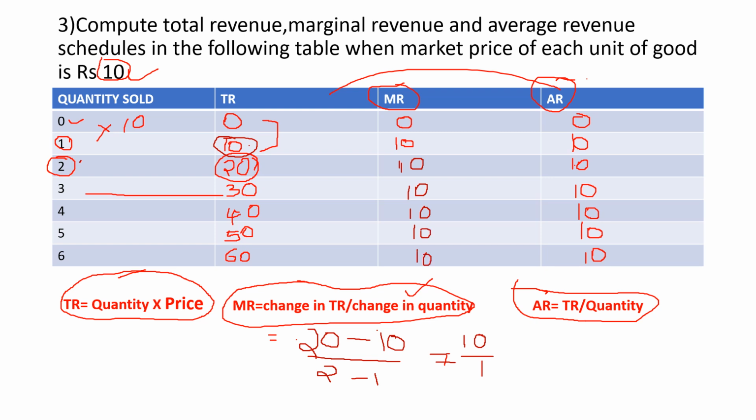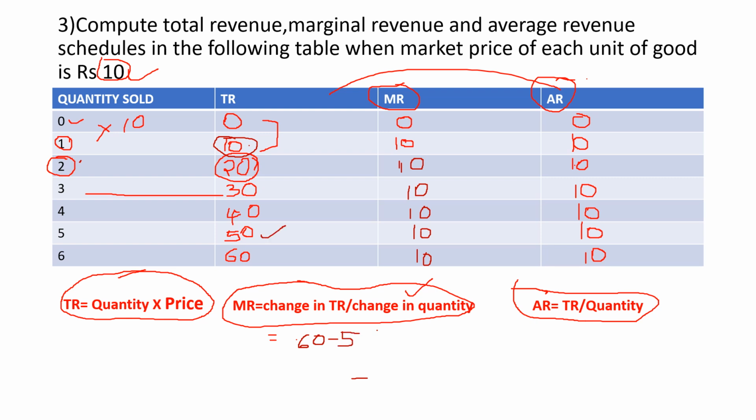If you want, I will show you the last calculation. See here the change in total revenue. For the last column, how much is the total revenue? 60 minus, what was it in the previous column? In the previous column it was 50.